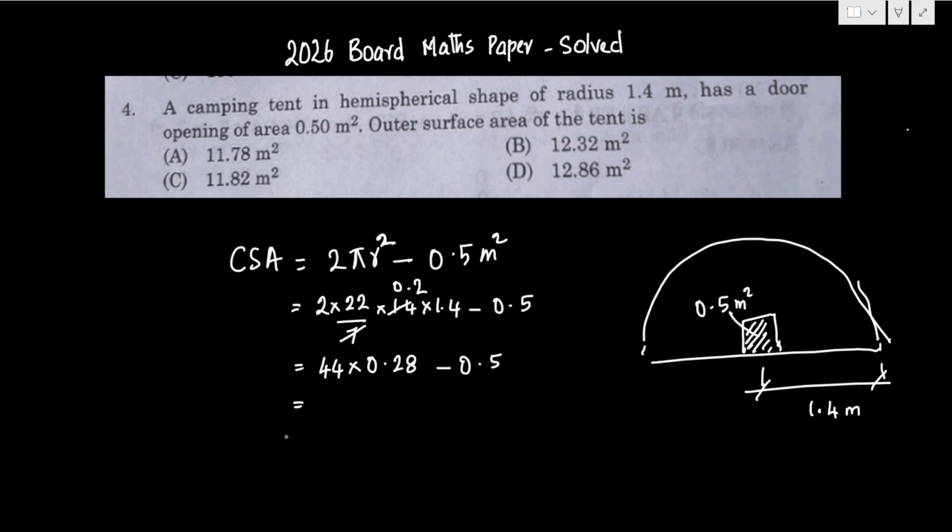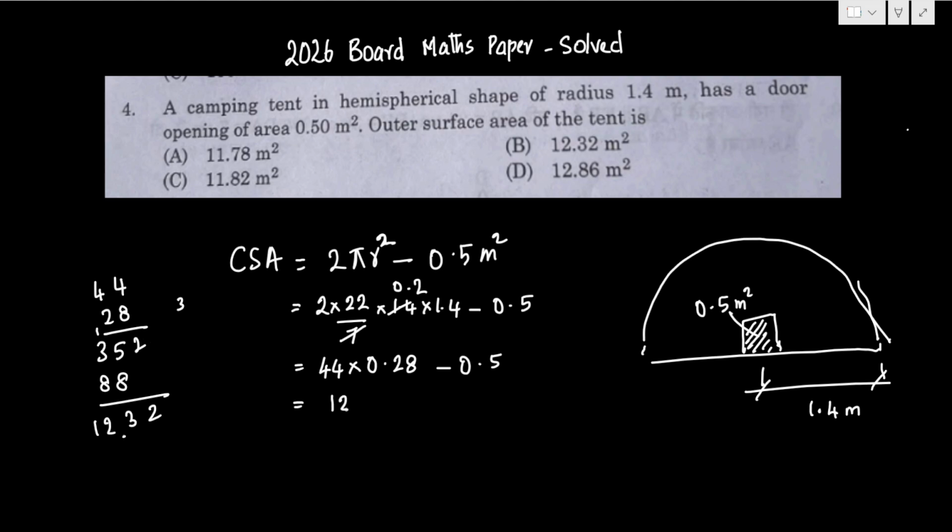Let's do the calculation. So 44 into 28, let us say. 8 4s are 32, carry the 3, 8 4s are 32 plus 3, 35. And then 2 4s are 8, 2 4s are 8, 2 5s 10 plus 8 is 18.